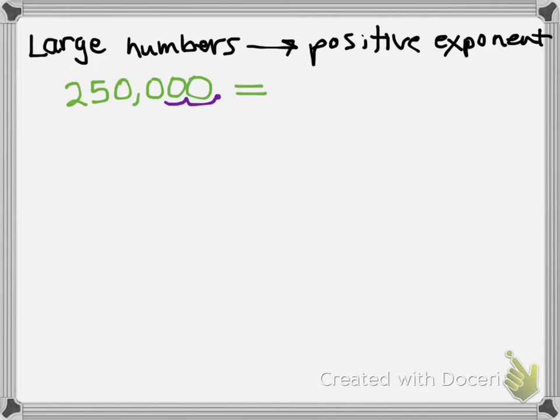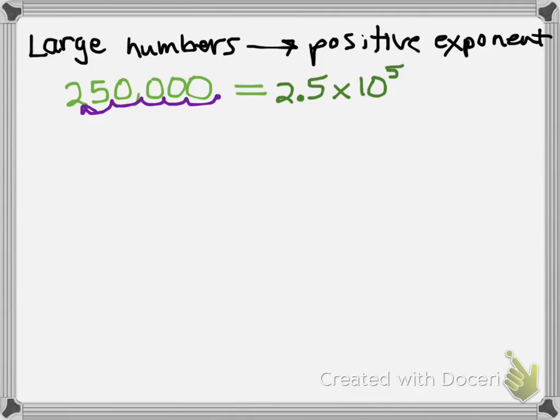So I move it once, twice, 3 times, 4 times, 5 times, and that's where it rests between the 2 and the 5. So the number portion of my scientific notation is 2.5. Then I write the multiplication symbol, and basically I would be multiplying by 10 to the 5th power.